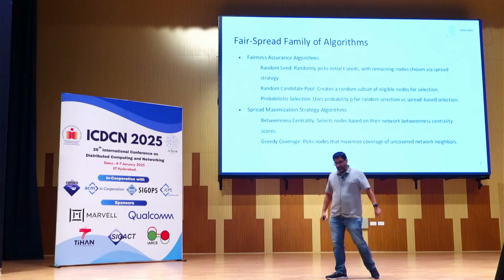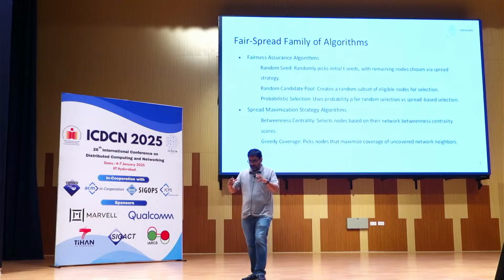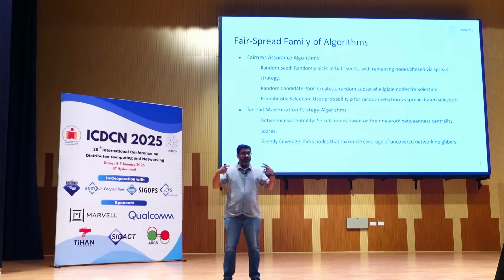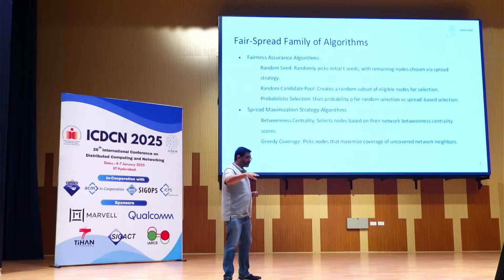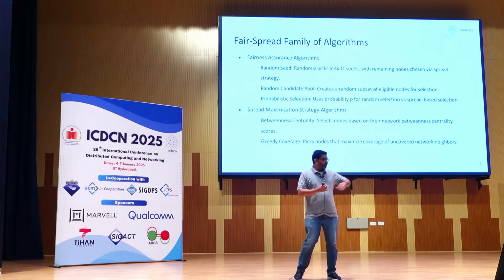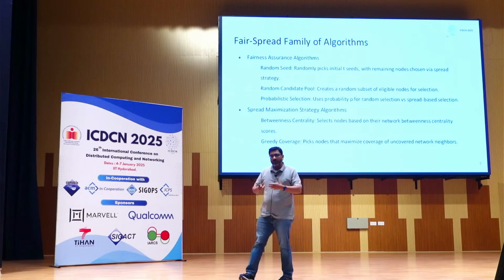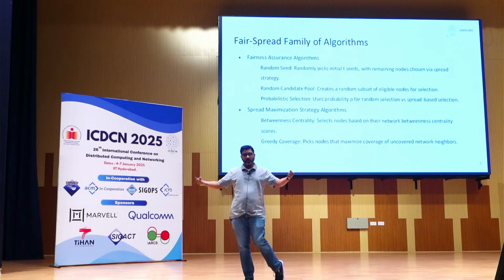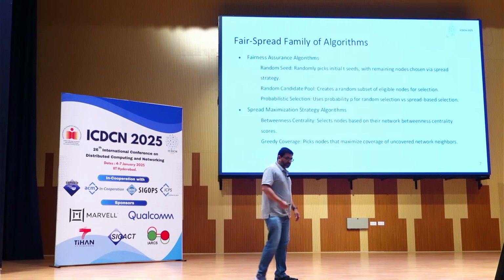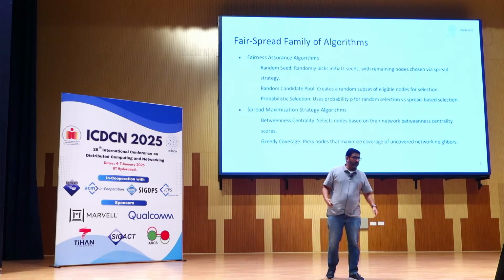In the random seed, every time we select jury members, some number of them are just randomly chosen. After that, we apply the spread maximization heuristic to complete the jury pool. That way, we have some spread in the network, to give some coverage to the whole network.